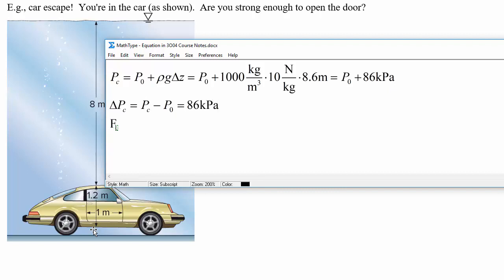Okay, now what about the force? The force is equal to the delta P. This is the force we would need to apply, would be this pressure multiplied by the area. And the area is 1.2 square meters. So 86 times 1.2 is, what is that?